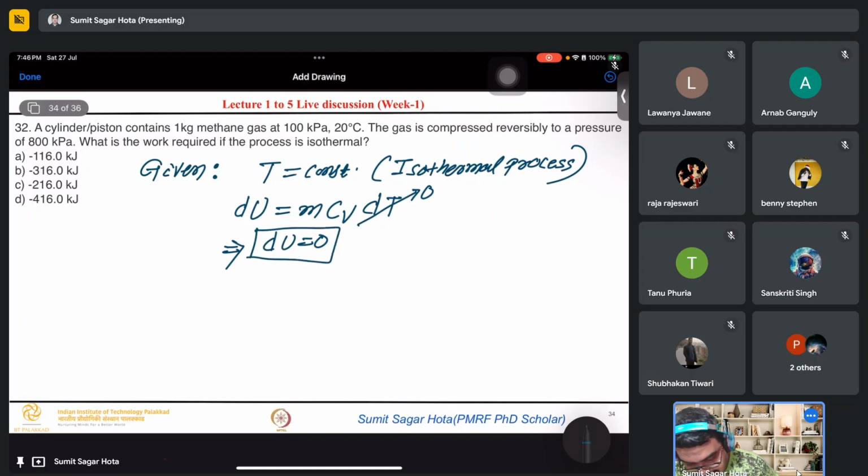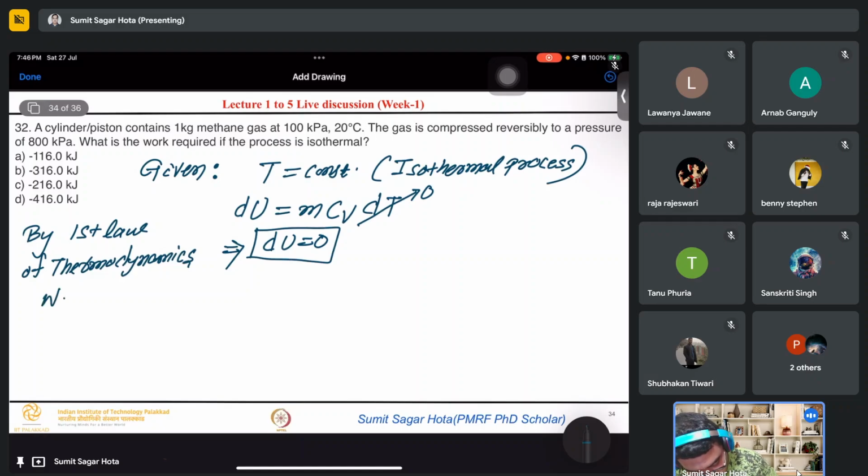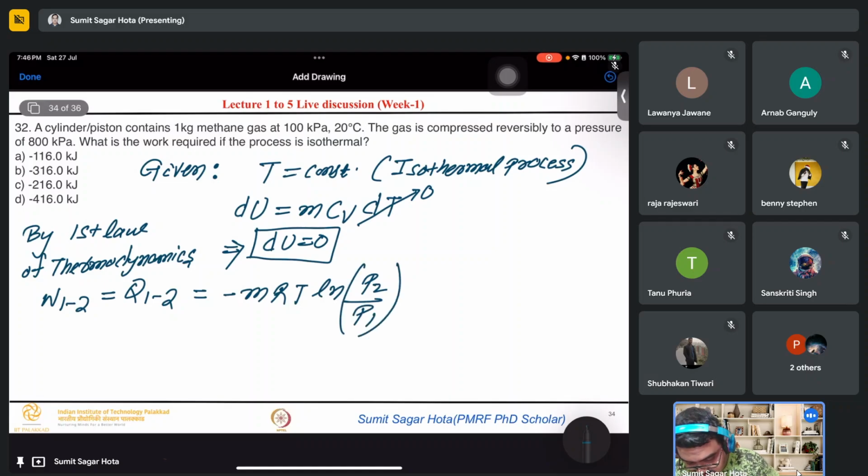So by the first law of thermodynamics, W from 1 to 2 is equal to Q from 1 to 2. And for the isothermal process, we know one formula, that is equal to minus mRT ln P2 by P1. This you studied in your thermodynamics course.